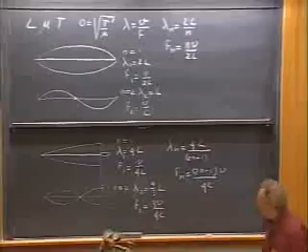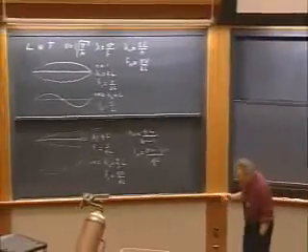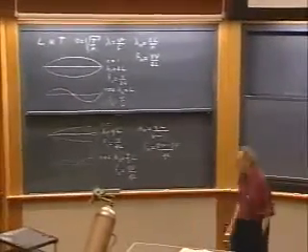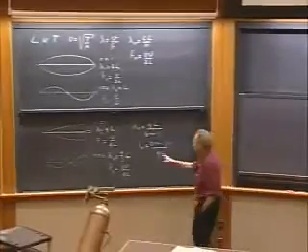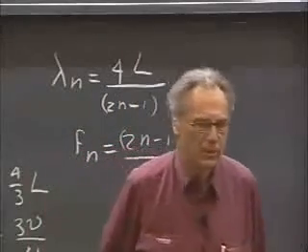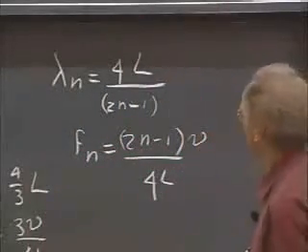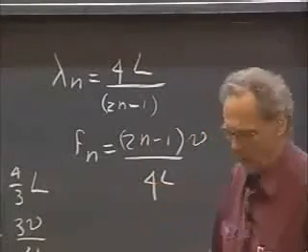And so what you see now, if we take both systems and suppose L were the same, mu were the same, and T were the same, then F1 in this instrument is half the frequency of F1 there. Because there you have downstairs a 2L, and here you have a 4L.